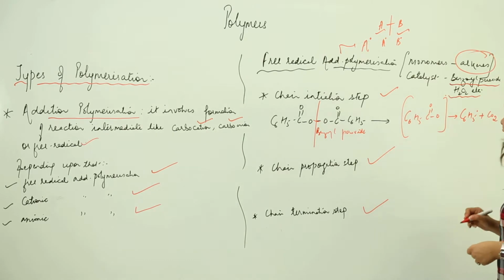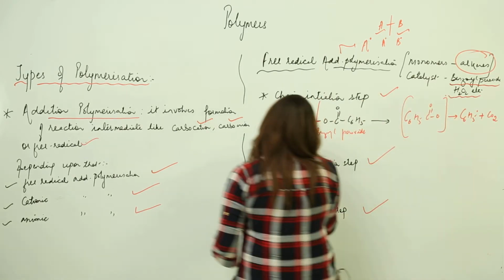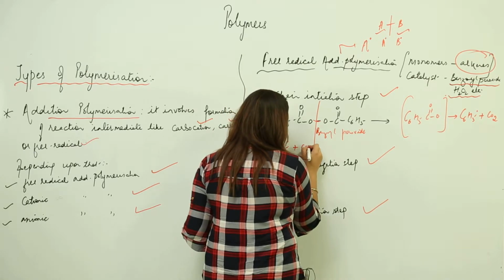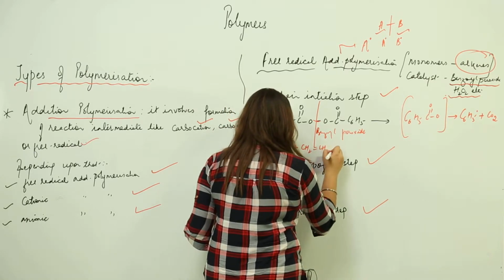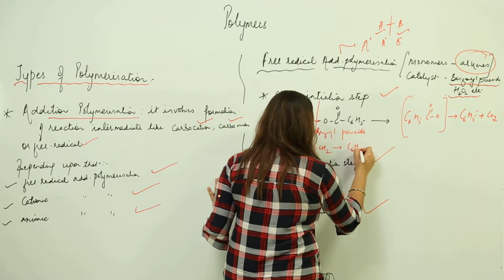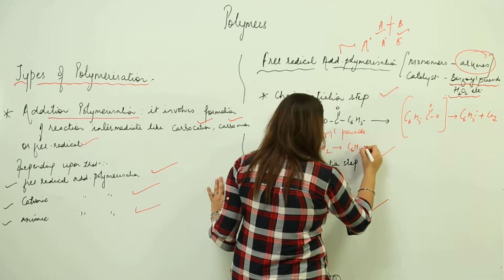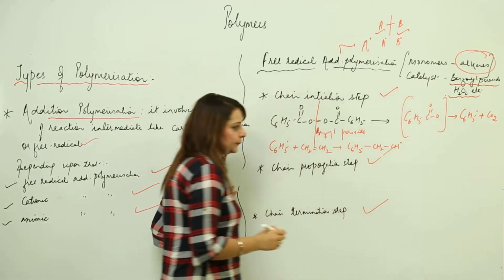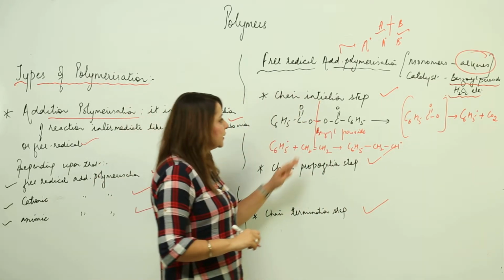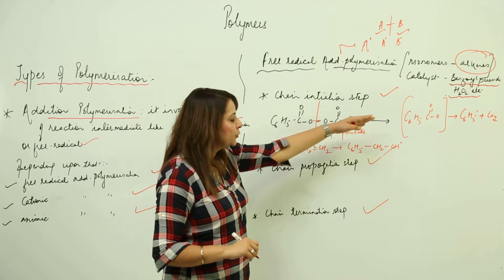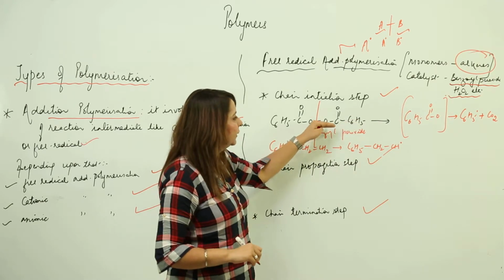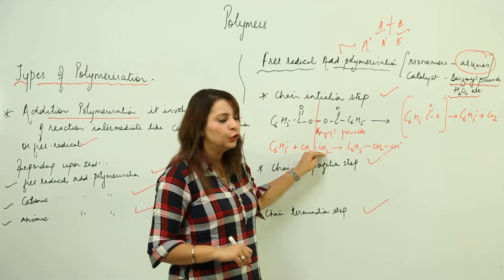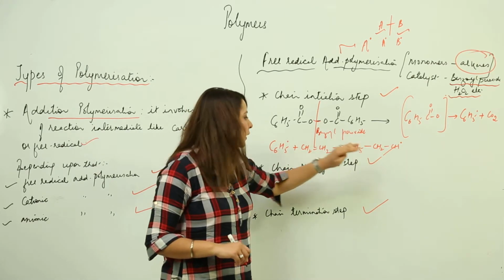Then this phenyl free radical combines with one of the monomers and forms an intermediate. This is the chain initiation step, where the catalyst breaks up to form a free radical, and the free radical links up with the monomer, forming a reaction intermediate.